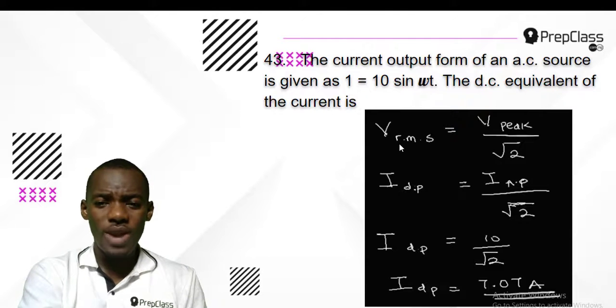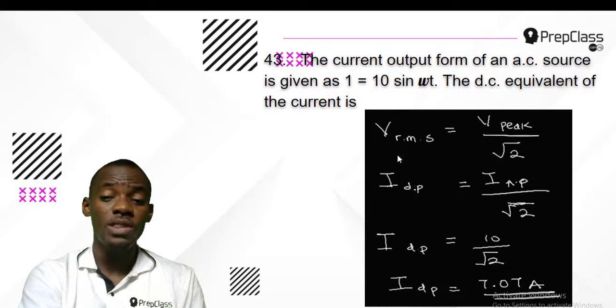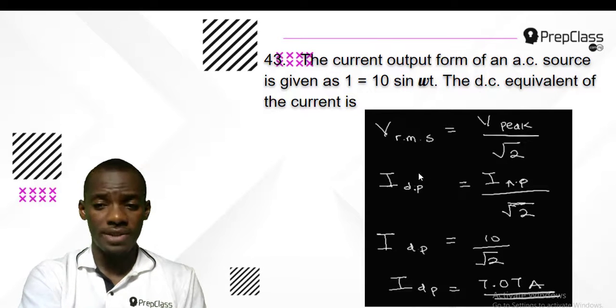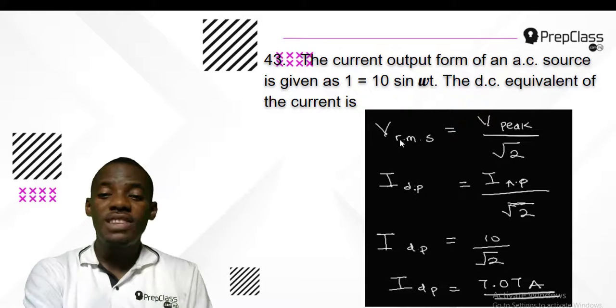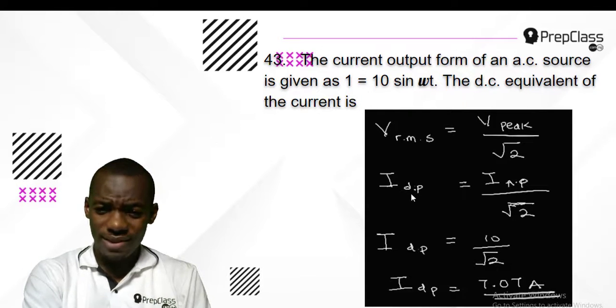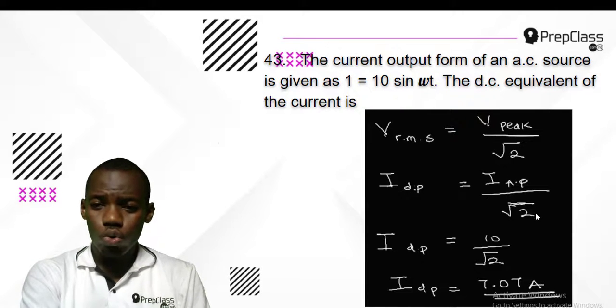The voltage at RMS is the voltage of the direct current, while the voltage at peak is the voltage of the alternating current. So it should be DC and AC, not DP and AP. This is for direct current, and this is for alternating current. Then over root 2. So I have my current now, direct and alternating.